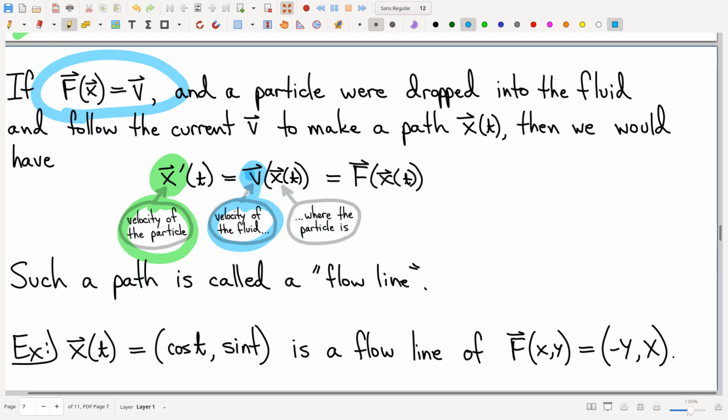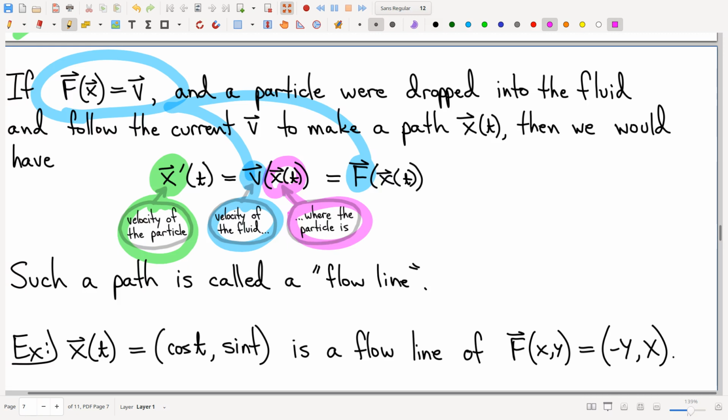And of course, the velocity of the fluid is the vector field. Now, one last little detail, the fluid flow, again, it's very different over here than it is over there. Right? So when I say the velocity of the particle is equal to the velocity of the fluid, of course I mean the velocity of the fluid where the particle actually is. Because it's where the particle actually is that the water is pushing it. Right?